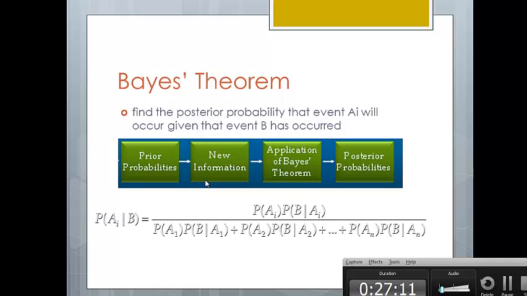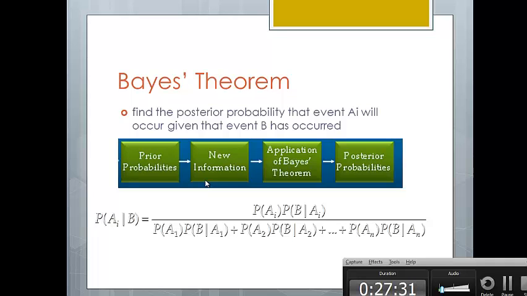Okay, now we are going to switch gears a little bit and look at something called Bayes' theorem. Bayes' theorem basically says, I'm going to use my knowledge of conditional probabilities, and I'm going to now add additional information.